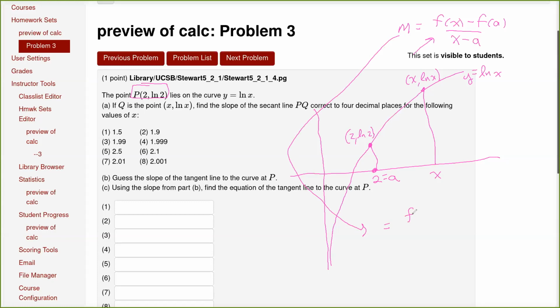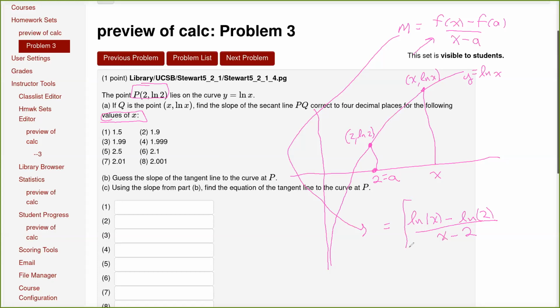What is f actually? This is the natural log function, so f of x is natural log of x. This is going to be minus natural log of 2 divided by x minus 2. This is a function of x, and what you've got here is a bunch of different values of x.